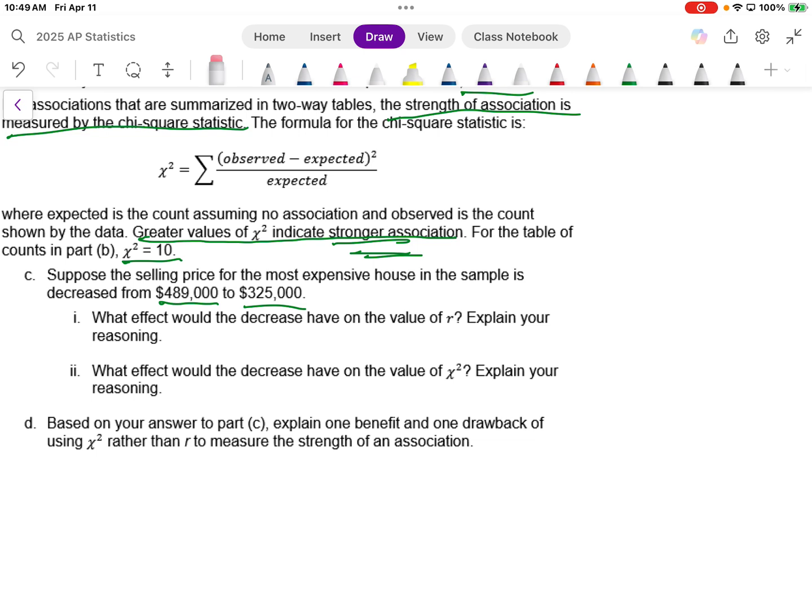It's going to decrease. I agree with you. So we will say for this first part, the correlation R would decrease, getting closer to 0.